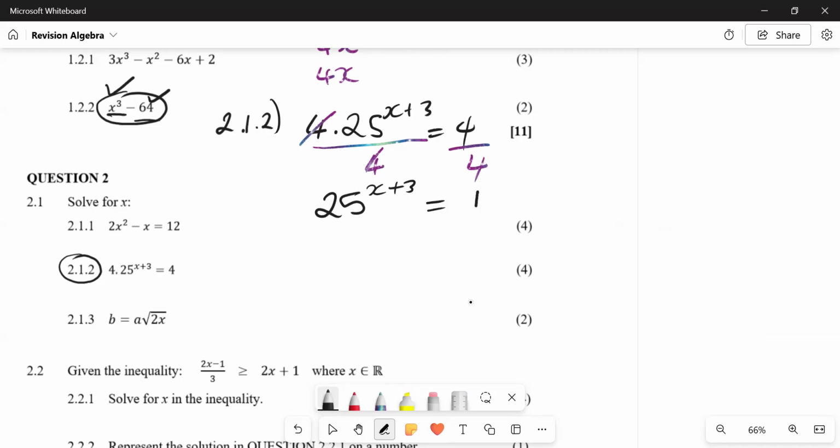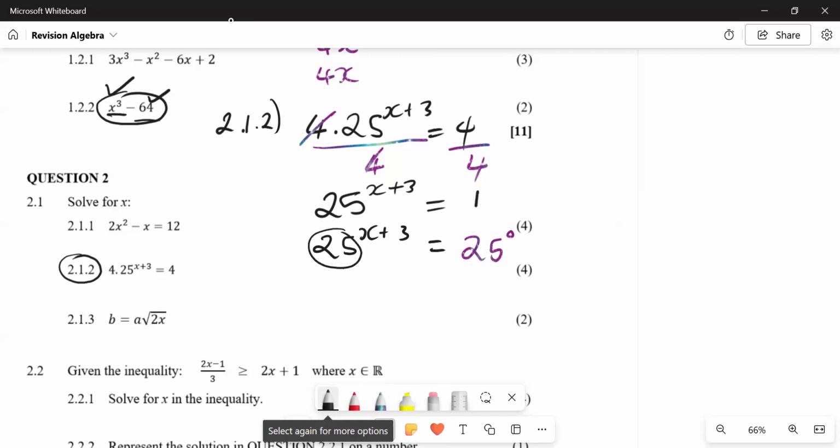But now, how can we get these bases to be the same? We have 25 to the power x plus 3 equals, this one can be expressed as 25 to the power 0. Any number raised to the exponent 0 is equal to 1. Now you have the same bases, 25, 25. You drop down the exponents.